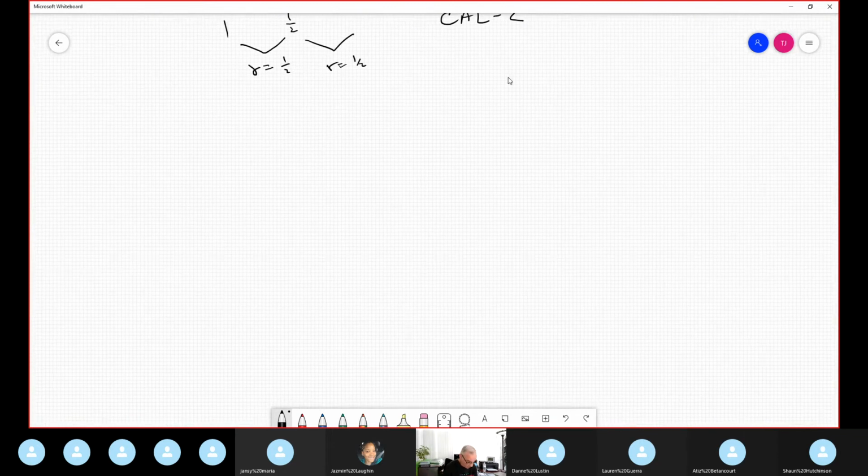Okay, 14. 14 is, you see? 14 is determine whether the infinite geometric series we are talking about converges. So basically we have 5 minus 5 over 3 plus 5 over 6 plus, and so on.